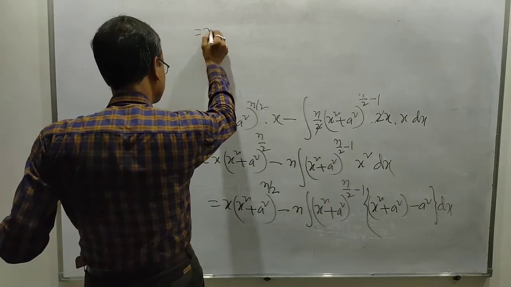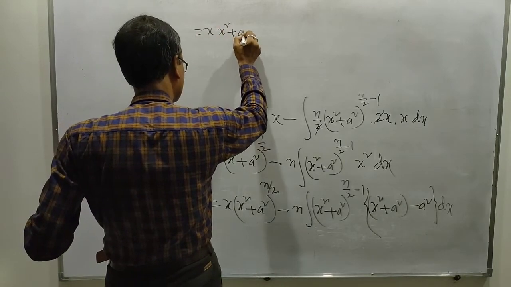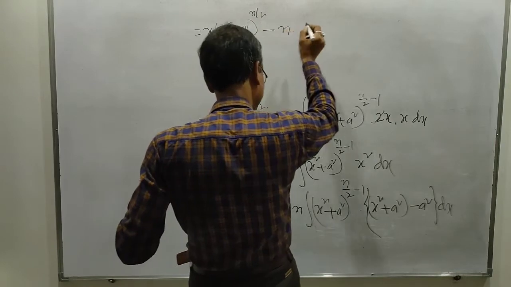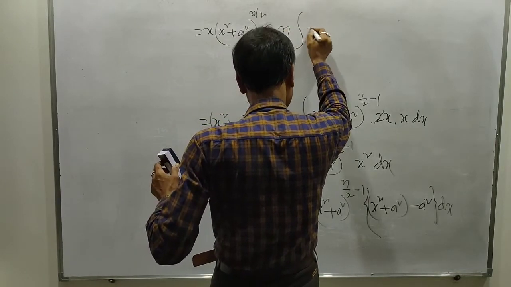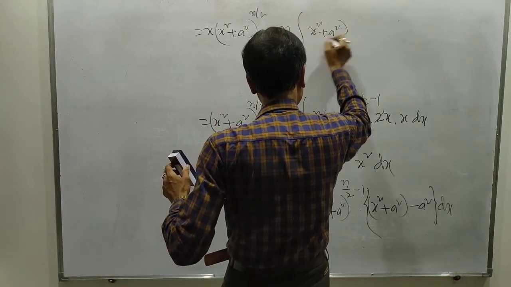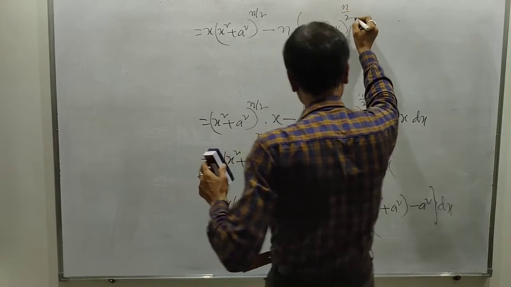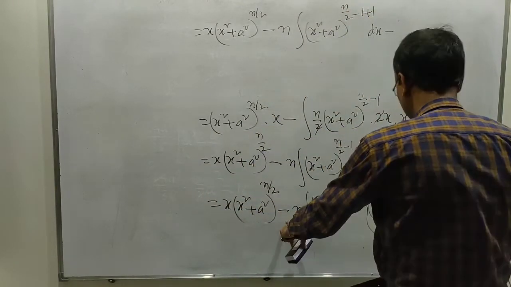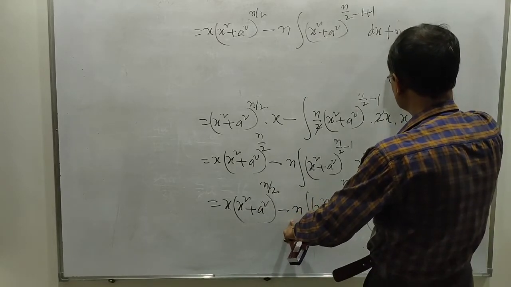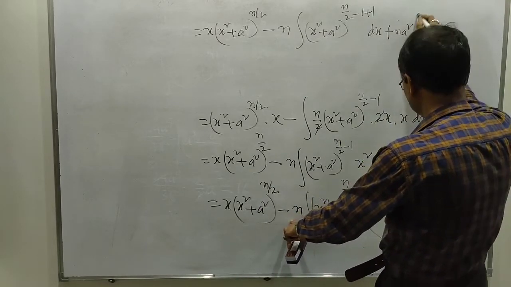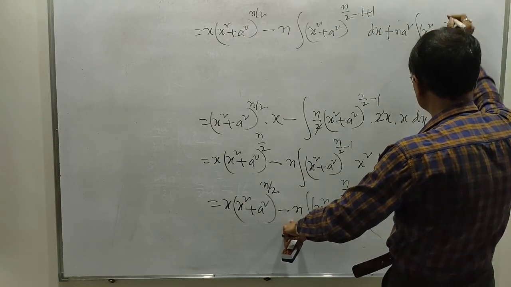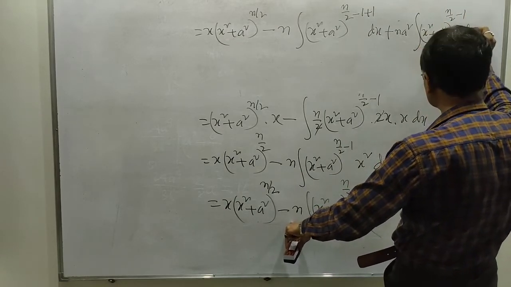This is equal to (x square plus a square) whole to the power n by 2, minus n into (x square plus a square) whole to the power n by 2 minus 1 plus 1 dx. It will be minus minus, again plus n a square integral (x square plus a square) whole to the power n by 2 minus 1.